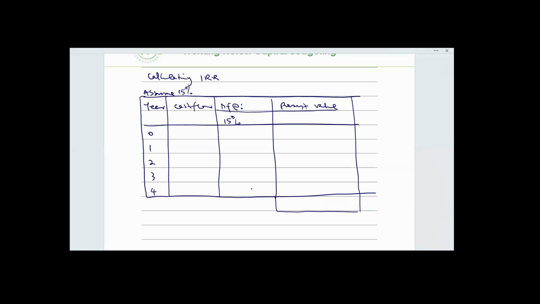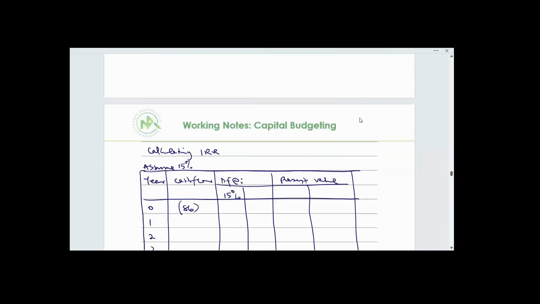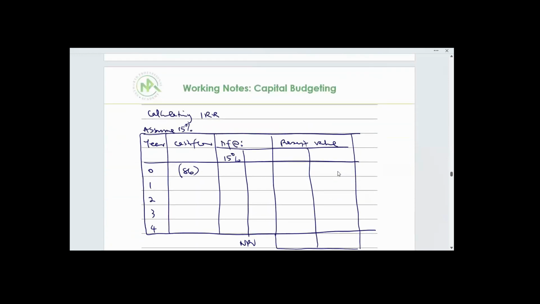For my NPV, year 0 net cash flow is minus 86 million, followed by 19, 38, 39, then 43.